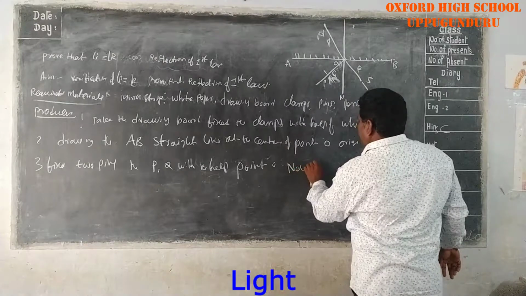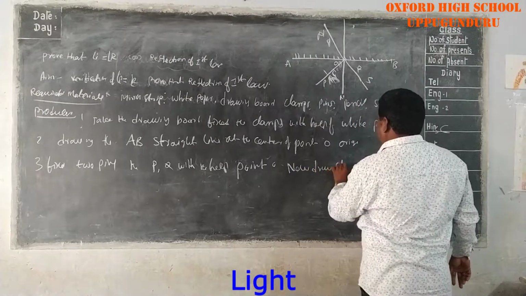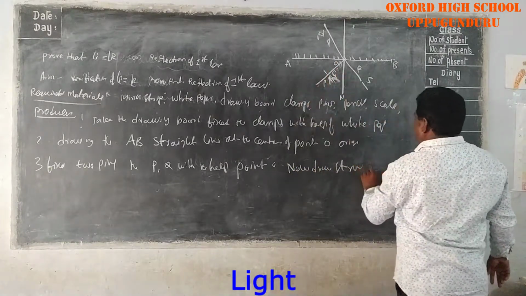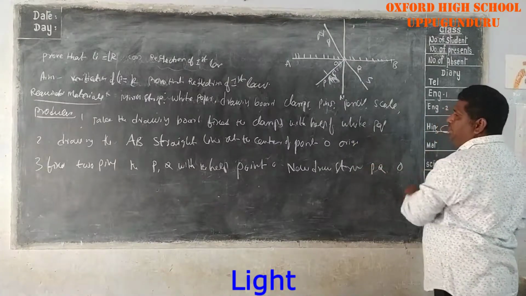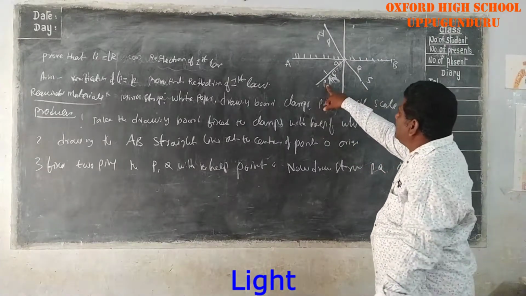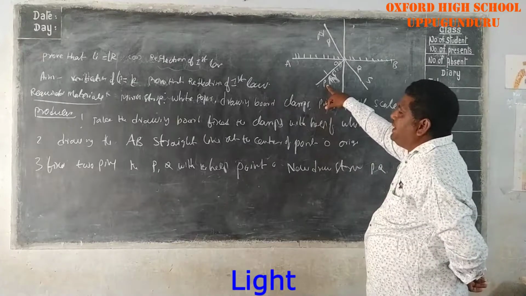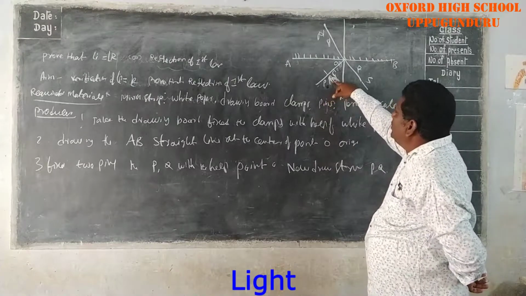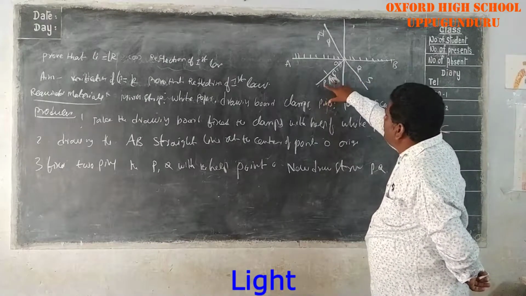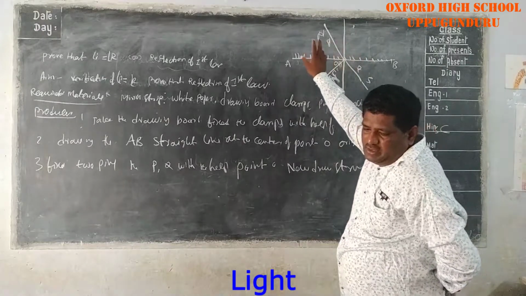Here, how many points are there? 2 points, P and Q. Draw the straight line through these 2 points.